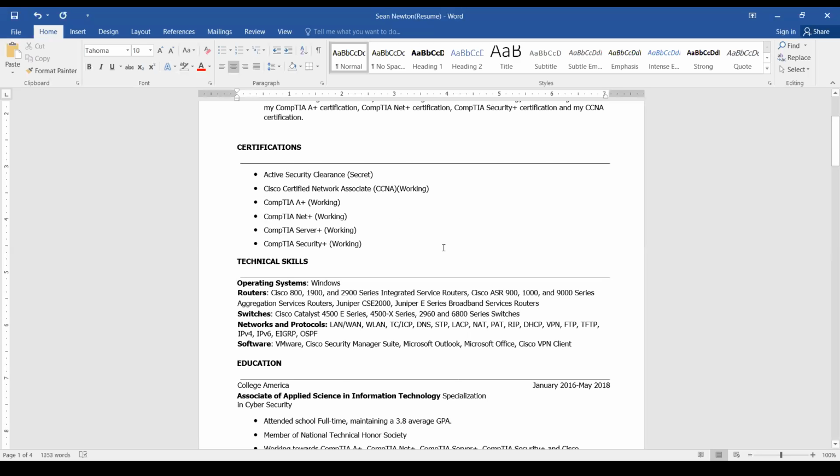Okay. Technical skills here, I would shorten this quite a bit. Operating systems, Windows. I assume that means that you don't deal with Linux or the Mac OS, or any of that. Routers, you've got a lot of routers here. I would just say a variety of Cisco and Juniper routers, and just leave it at that.